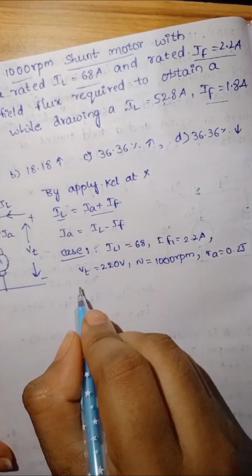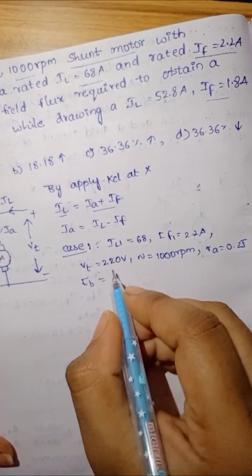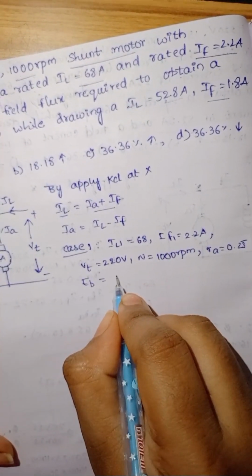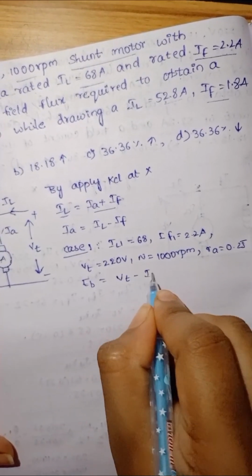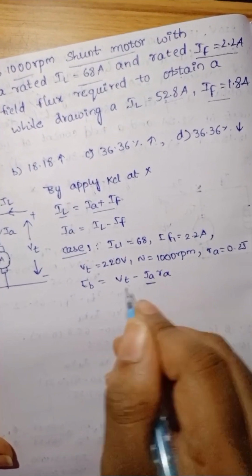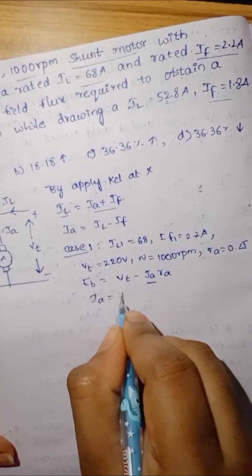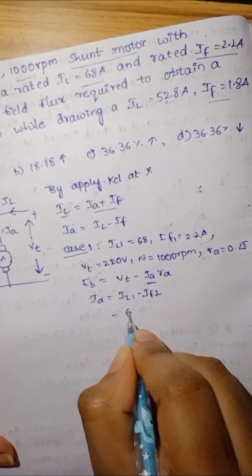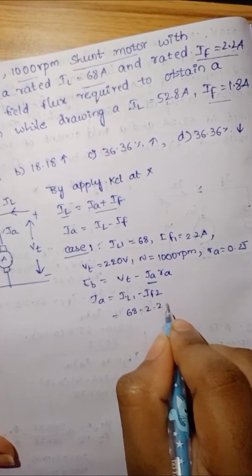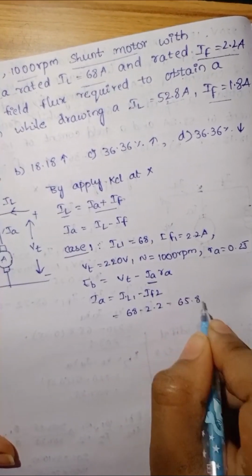Now to calculate back EMF, EB is equal to VT minus IA RA. In this we want IA. For that, IA is equal to IL1 minus IF1, which is 68 minus 2.2, which is 65.8.